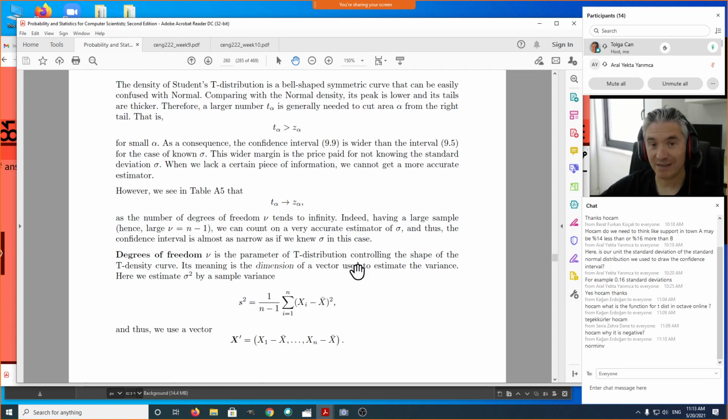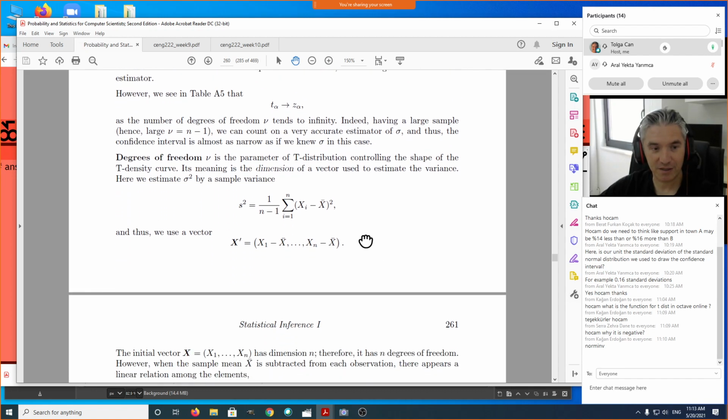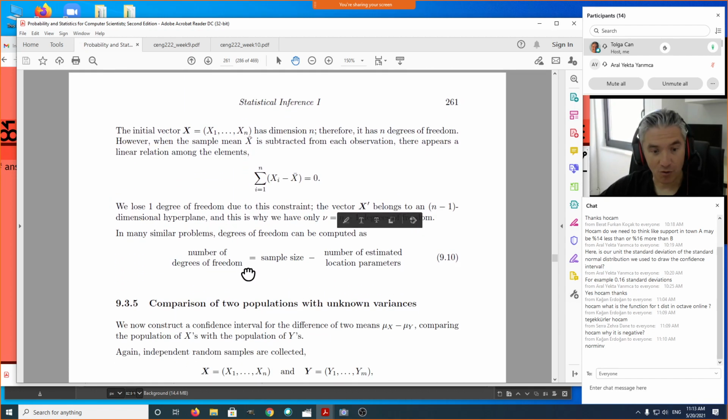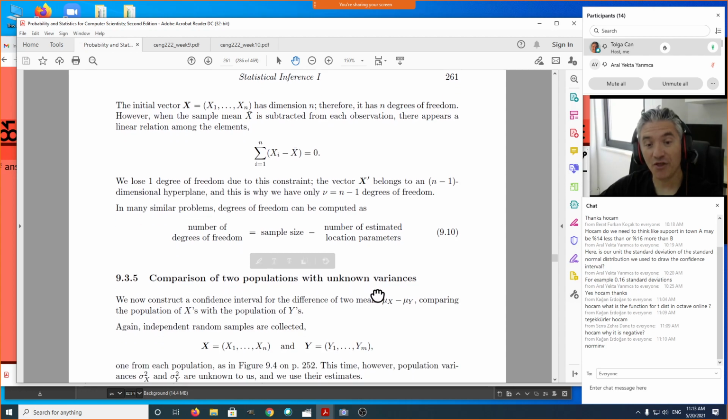If we don't make this assumption, if the two populations may have different variances, the degrees of freedom is a very difficult thing, and it is actually approximated by something. So this is the comparison of two populations with unknown variances.